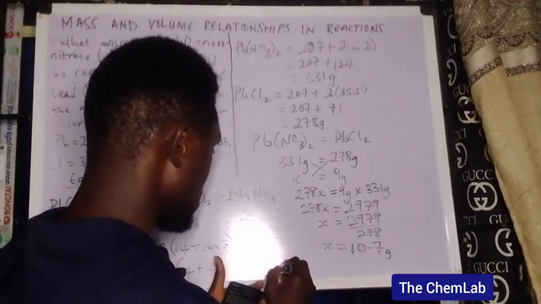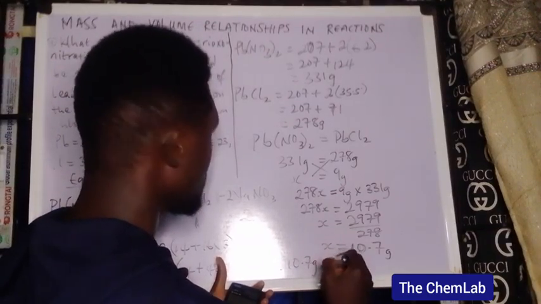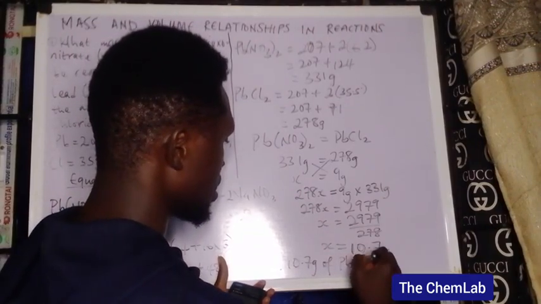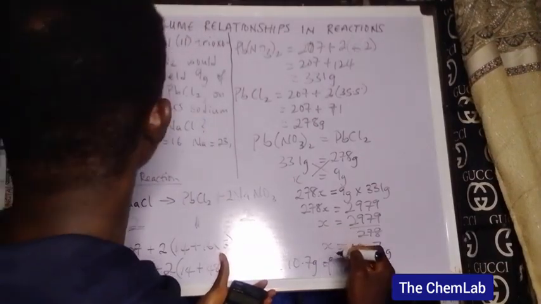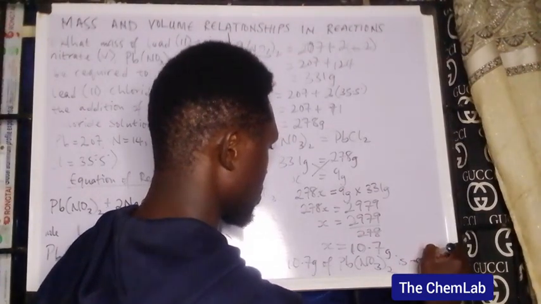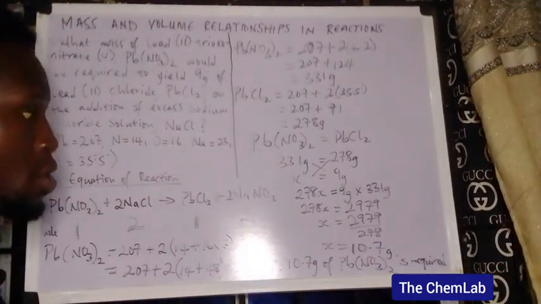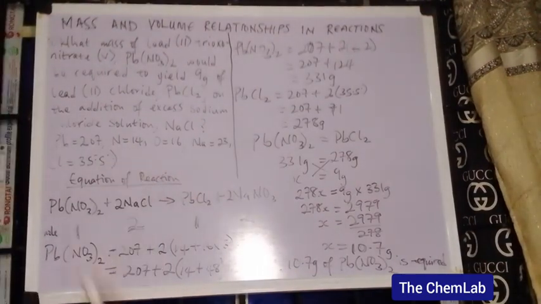So therefore, 10.7 gram of Pb(NO3)2 is required. So this is our final answer for this particular question.